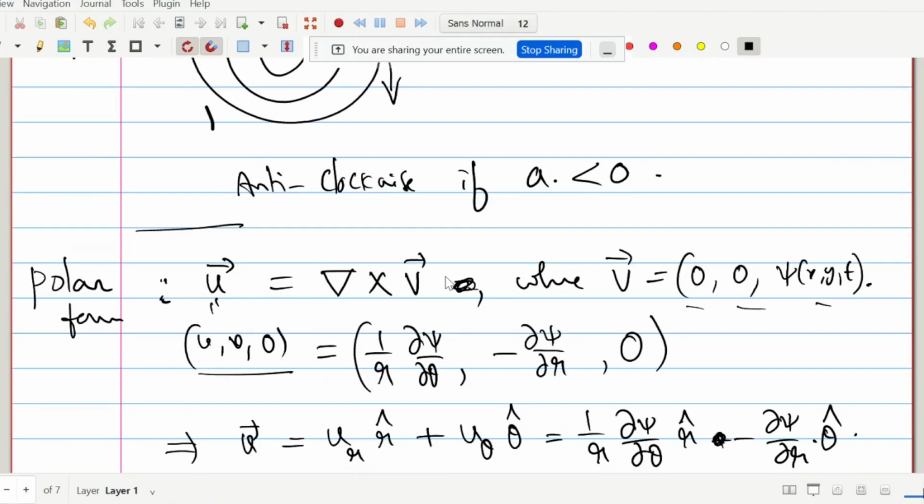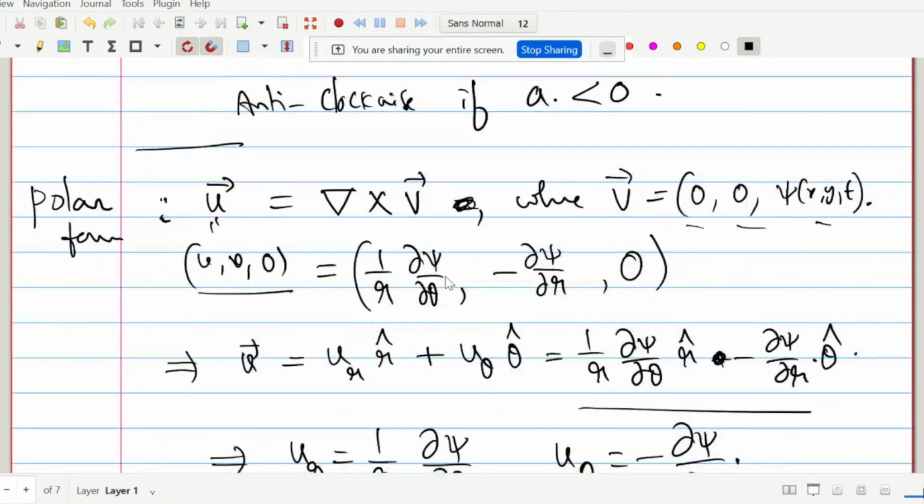So V bar is not unique in 3 dimensions, and you don't know how to go ahead with your stream function. If at all, it's not a stream function but a stream vector potential, a vector stream function. That we don't know how to do.